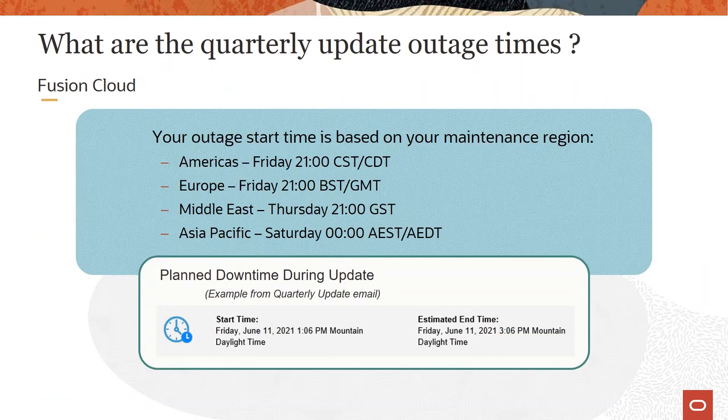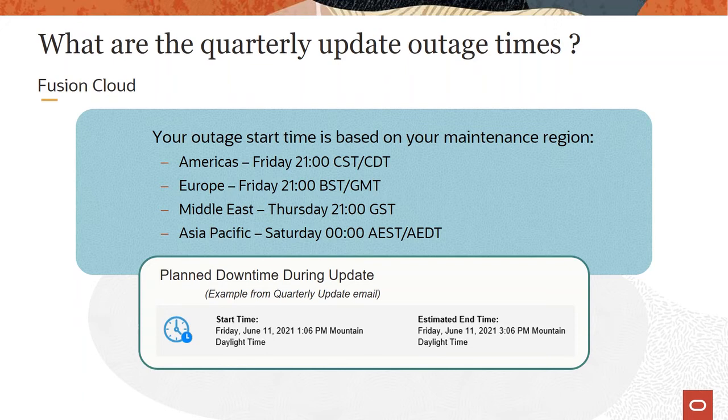The actual outage times for the update will be provided in the quarterly update email reminder sent to your account administrators. The outage start time will be based on your maintenance region, and if you don't know what your maintenance region is or just want to double check, you can take a look at your welcome letter or the application's console details page.